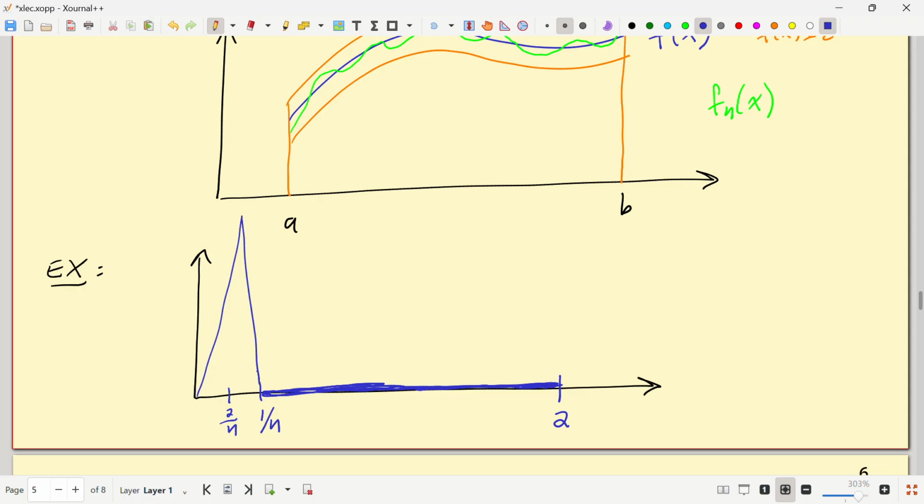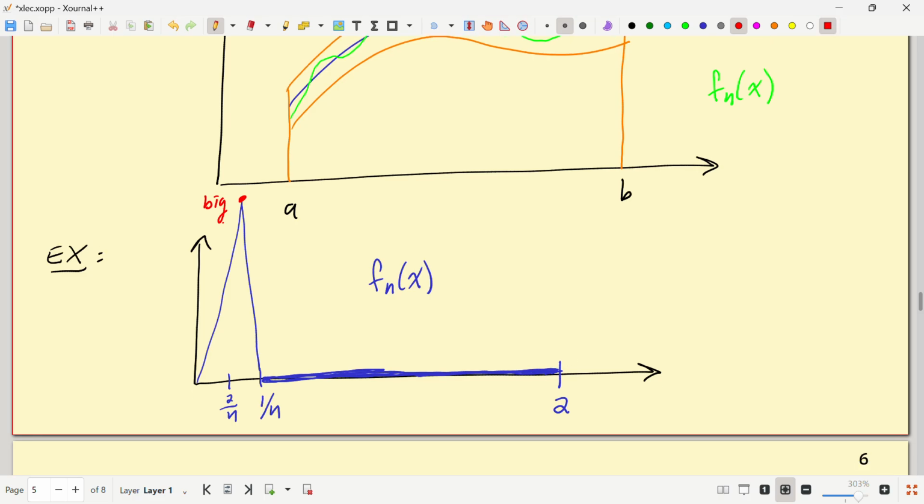This is an fn. Those fn's tend to 0 pointwise, even though they're gigantic on this whole thing. In fact, I could make the area under that little tip as big as I want.